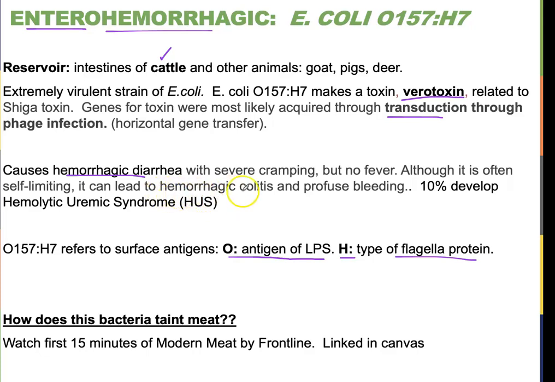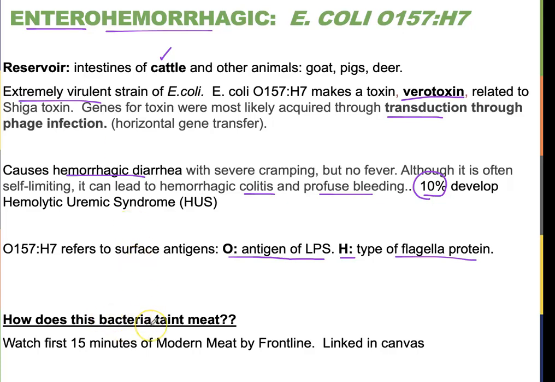It can lead to hemorrhagic colitis, profuse bleeding, and then a pretty big chance of developing HUS, which we talked about before, the kidney failure. So that's the most virulent strain, an extremely virulent strain of E. coli. And it has been in the news a lot. There are outbreaks of E. coli O157:H7 every year.